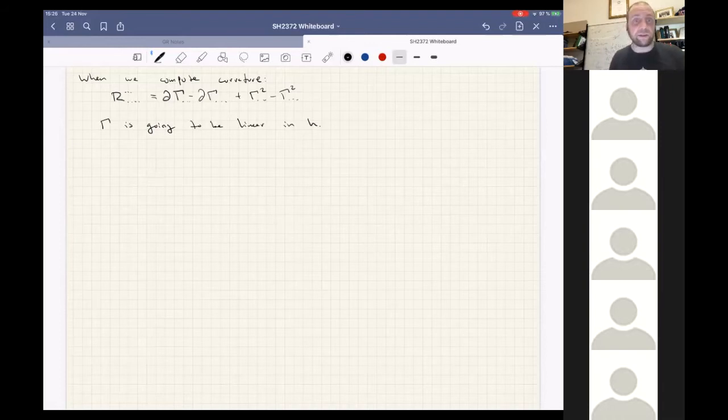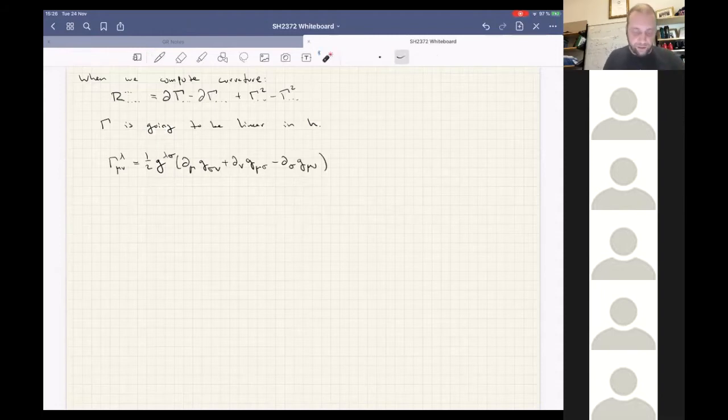The reason for this is that if we look at gamma, so let's look at mu nu lambda, it's 1/2 g lambda sigma, d mu g sigma nu plus d nu g mu sigma minus d sigma g mu nu.